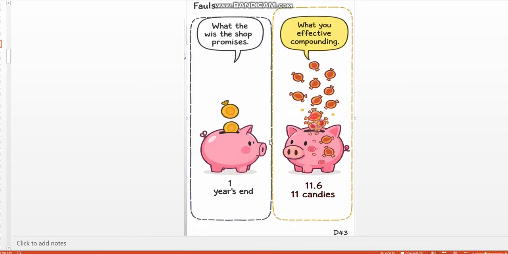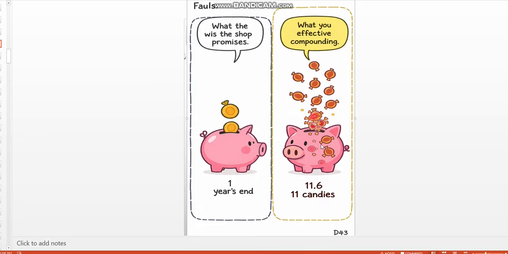The very same sweets that you have given will give you a little bit of extra sweets every month, and those little sweets also make more sweets. So as a result, you get even more than the one sweet from the nominal interest rate.